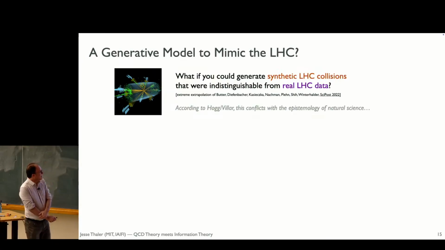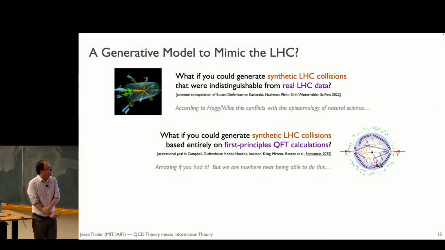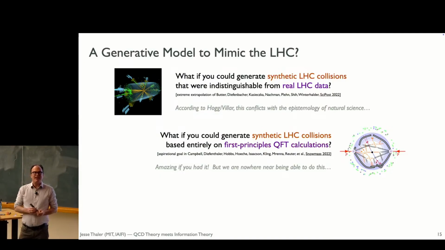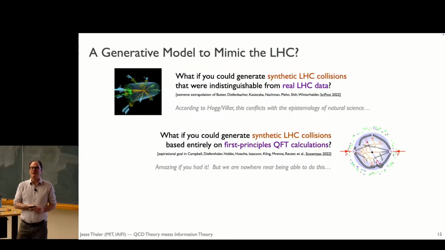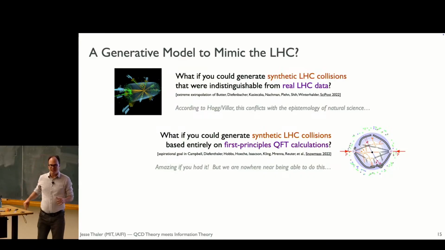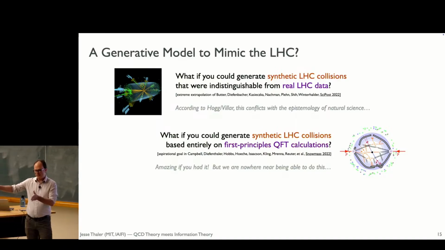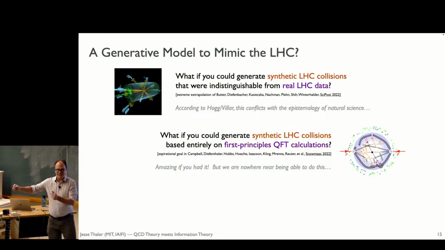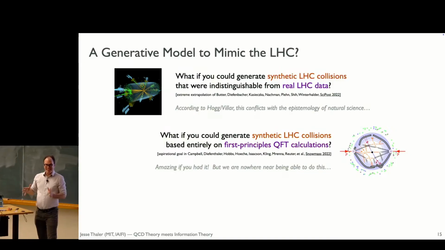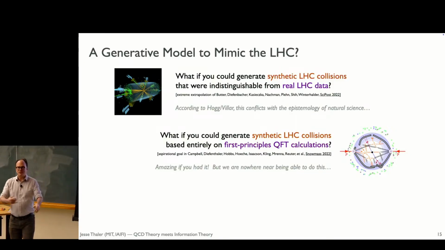On the flip side, what if you could generate synthetic LHC collisions based entirely on first principles QFT calculations? By indistinguishable, I mean that by a statistical measure of similarity, of which we can decide which one we want to use, let's say I take 3 inverse attobarns of data from the CMS, and I say how different is that from 3 inverse attobarns of data from the ATLAS experiment, and then I take 3 inverse attobarns of synthetic data, that these are all roughly the same distance apart by some measure of statistical similarity.